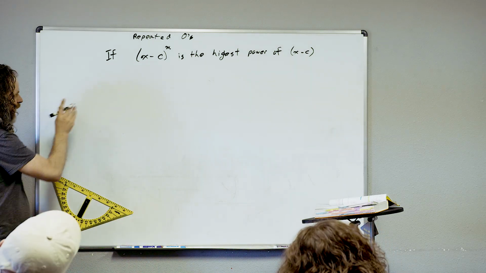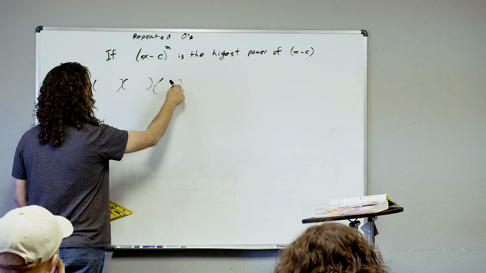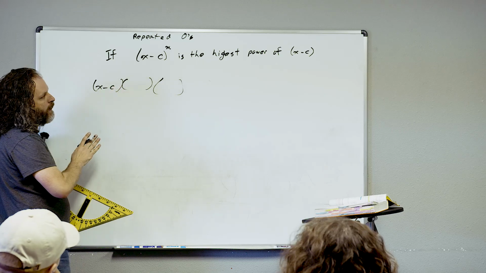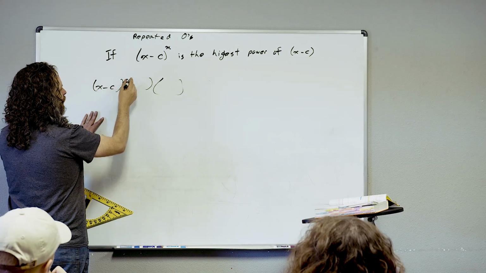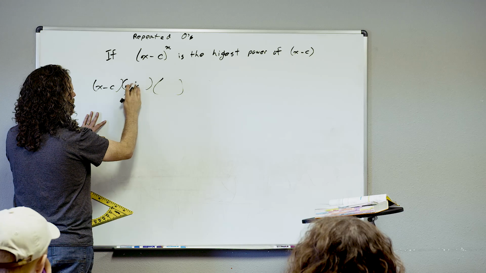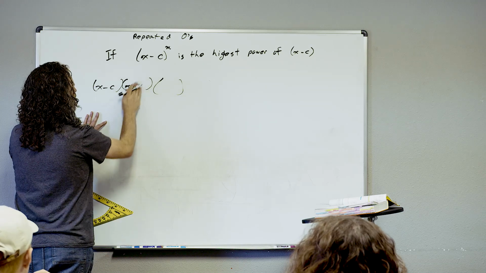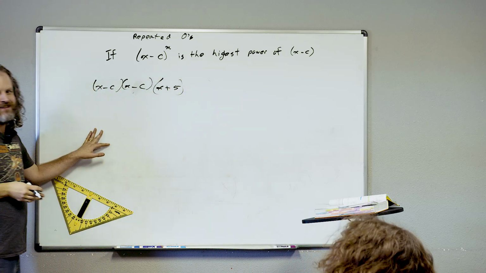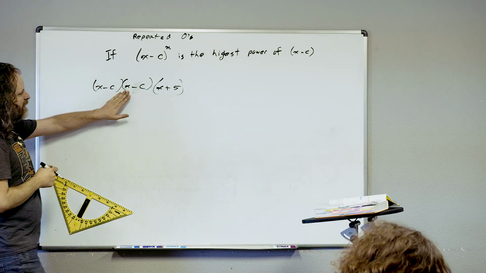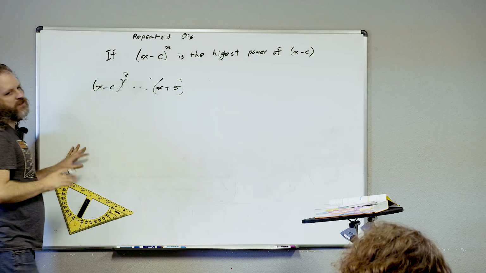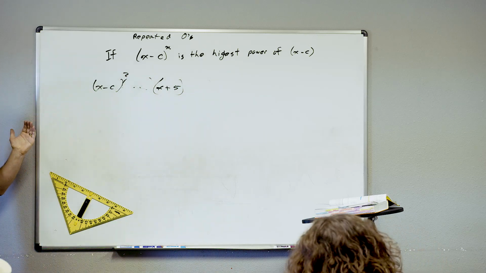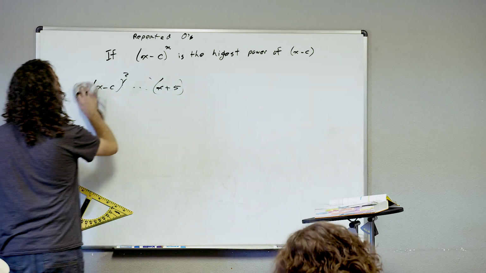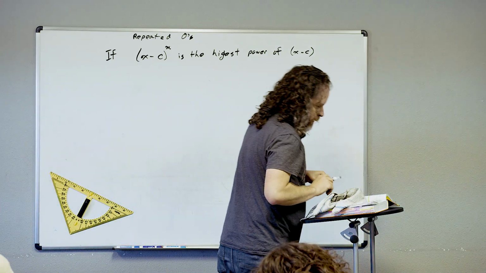So if we factor a polynomial and we've got all these factors, and we have some factor x minus c, and then once we put them all together, like we've got x minus c squared and then x plus 5, whatever, then the m in this case would be a 2, right? So the number of that factor is basically what we've said so far, right? That's kind of what's happening.